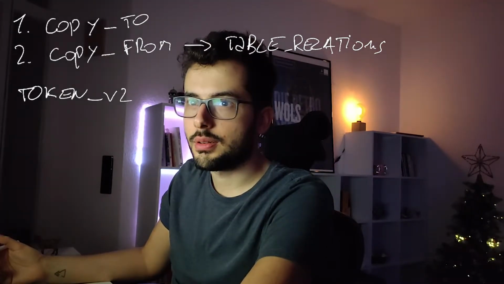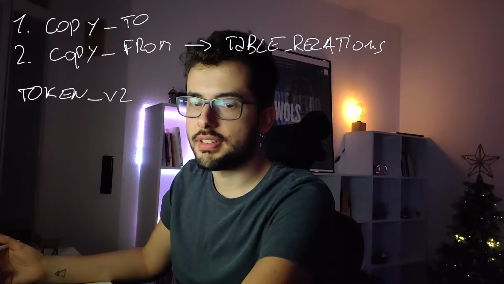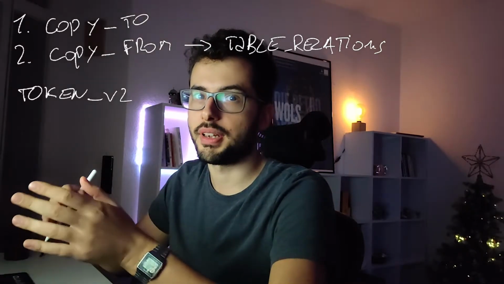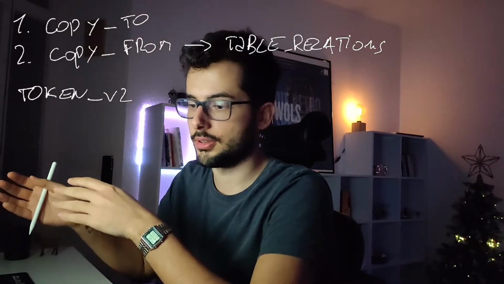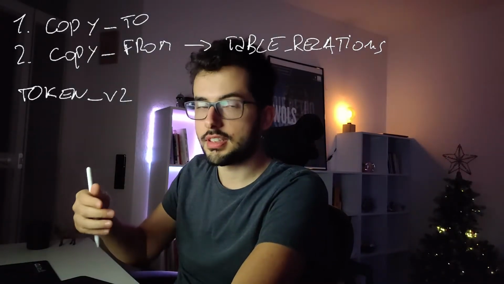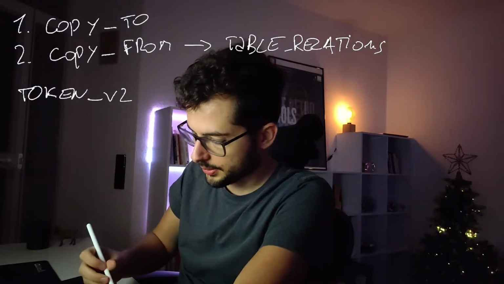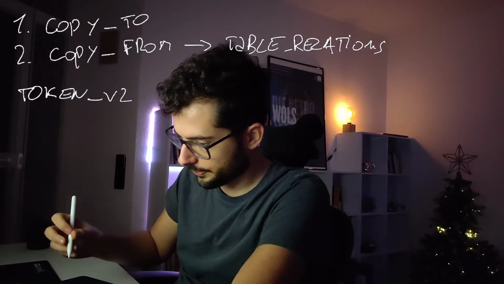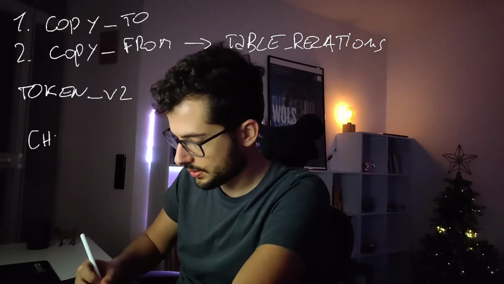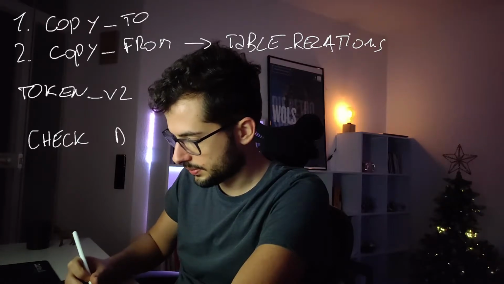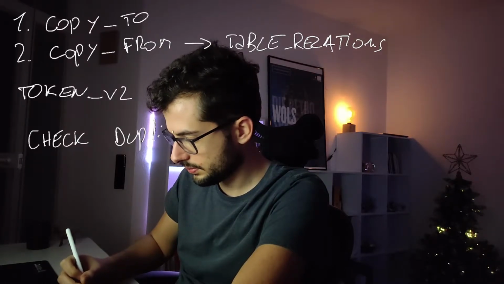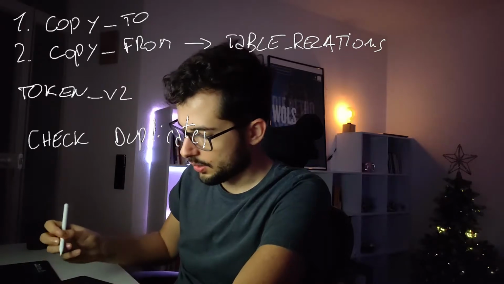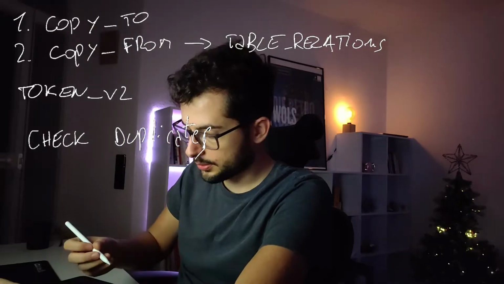Then I think we can do a basic script that exactly copy a test table to a third table. Then we can expand the script. So we are going to ask, do you want to check for duplicates? Or you can remove the old row.